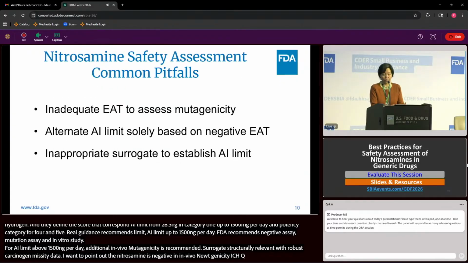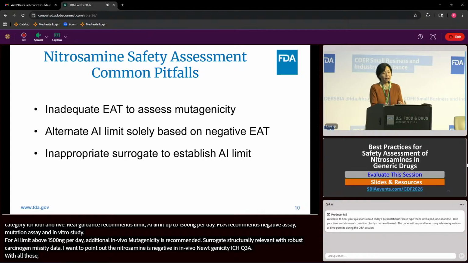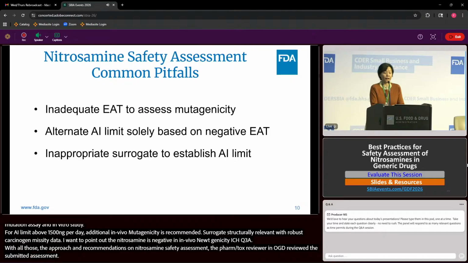With all those approaches and recommendations on nitrosamine safety assessment, the pharm tox reviewers in OGD reviewed the submitted assessments and identified some common pitfalls. This slide lists the top 3 pitfalls we identified.